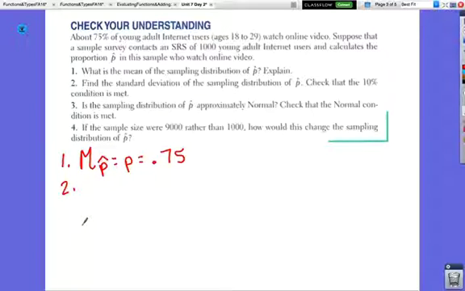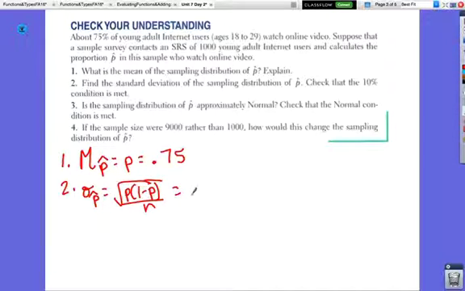Number 2 says find the standard deviation of the sampling distribution of p hat and check that the 10% condition is met. For this one, we are going to use the formula that was on the last page. So the standard deviation of p hat equals the square root of p times 1 minus p over n.